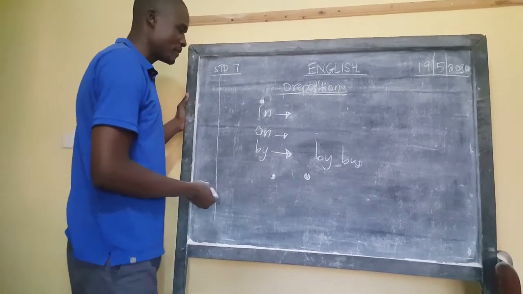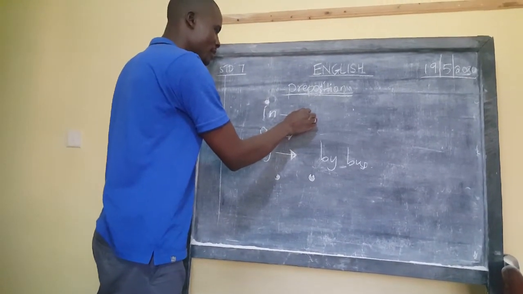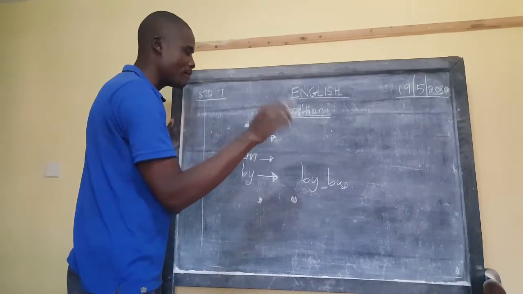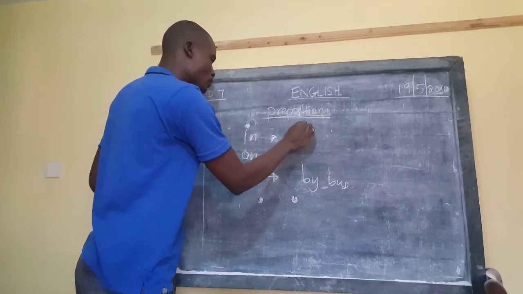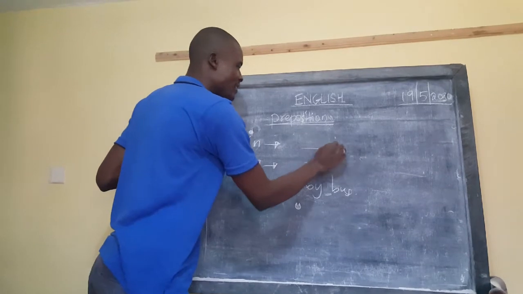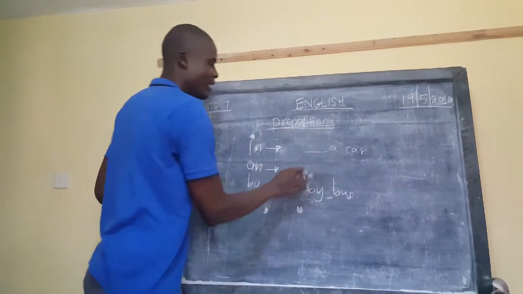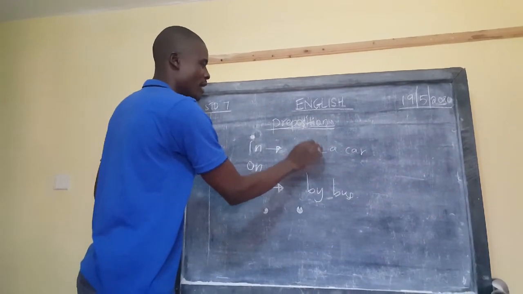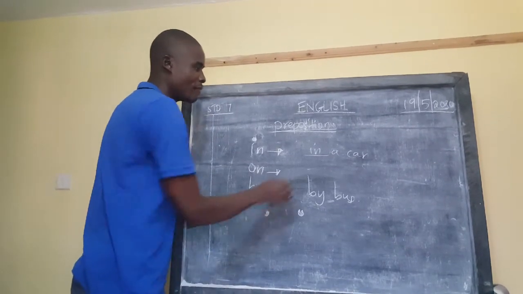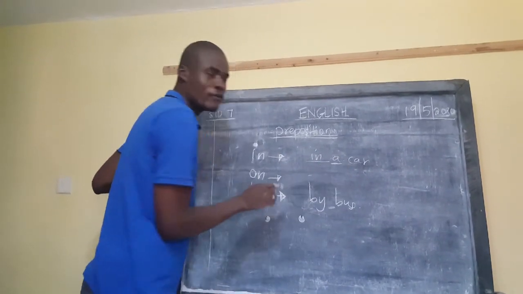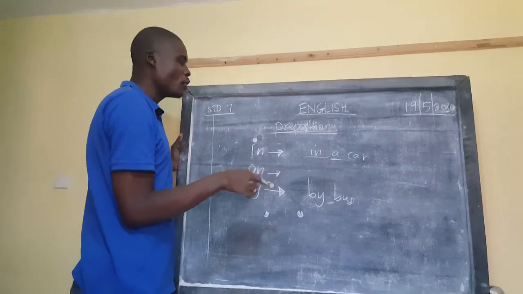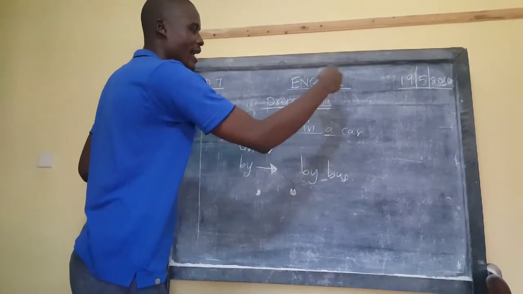By motorbike. But when it comes to in, when there's an article before bus, like John goes to school, dash a car. Learner, here now you put in. Car. Why do you put in, learner? Because there is a what? An article before car. So John goes to school in a car.